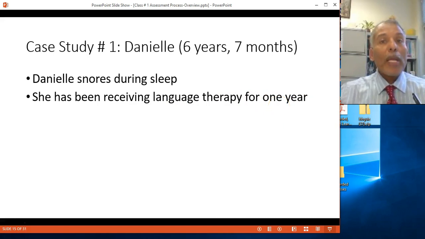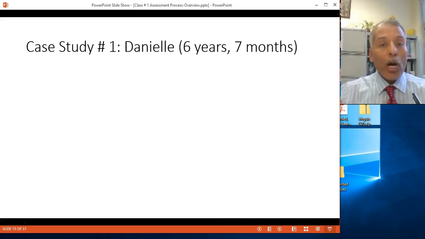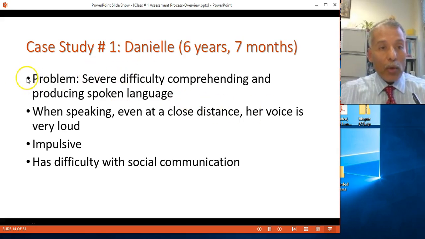Now this is a big piece, because you look at these problems here, and even after receiving treatment for 1 year, she has severe difficulty comprehending and producing, and all of this is happening even after 1 year of therapy. That is going to show that the prognosis is a little bit weak and that she's not progressing much.